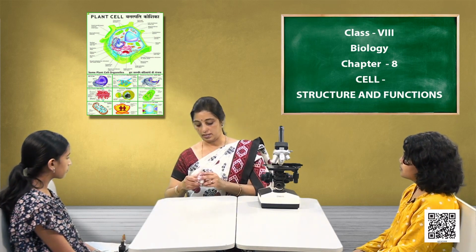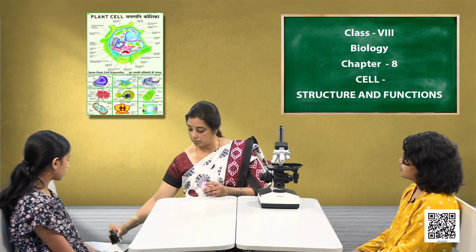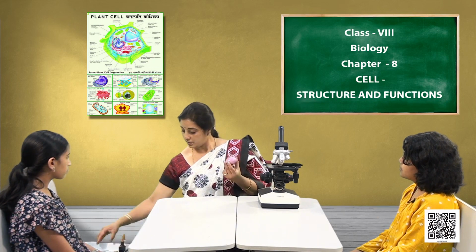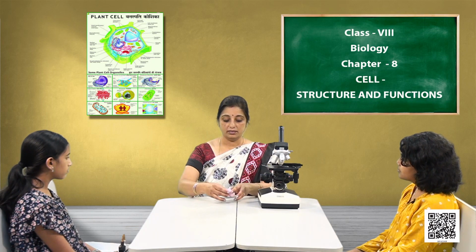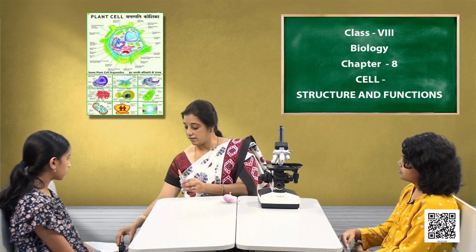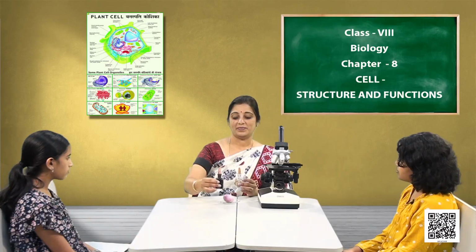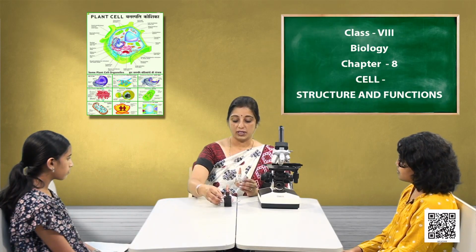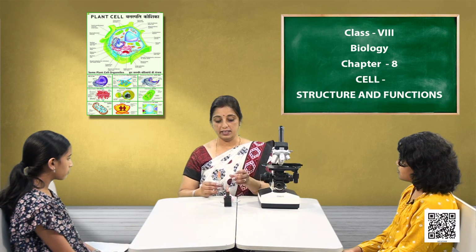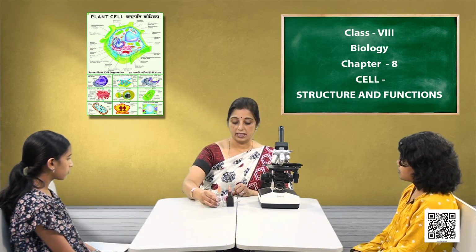Here are some materials which I need to mount the onion peel. So, what is this? Ma'am, it is an onion. Good. And we have materials like this. Can you guess what it is? Ma'am, it is a color. Yes, this is actually safranin stain, which is required for the staining purpose.